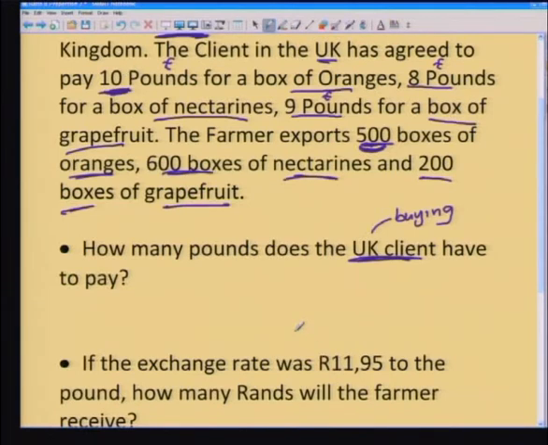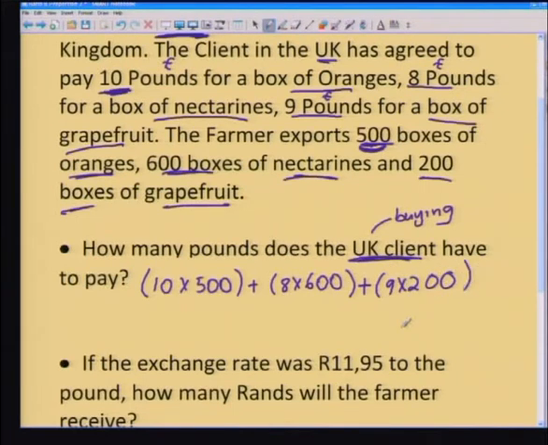Okay, so we can say the amount that he will pay is going to be £10 times 500 boxes of oranges, plus he has to pay £8 for each box of nectarines, and we're dealing with 600 boxes, so it's 8 times 600, plus we know that it's £9 for one box of grapefruit, so if I'm looking at 200 boxes, I need to times 9 by 200 to give me the total he's going to pay for all the boxes of grapefruit.